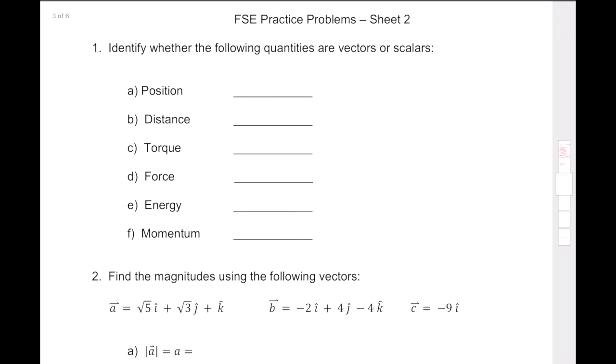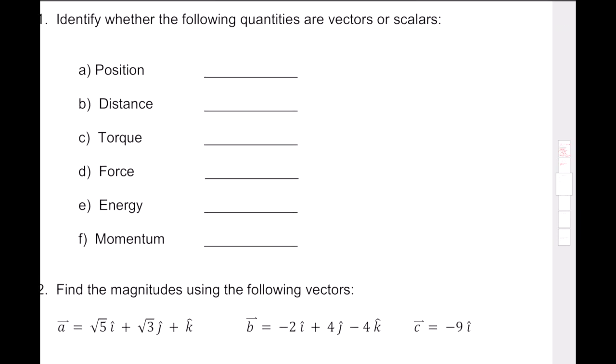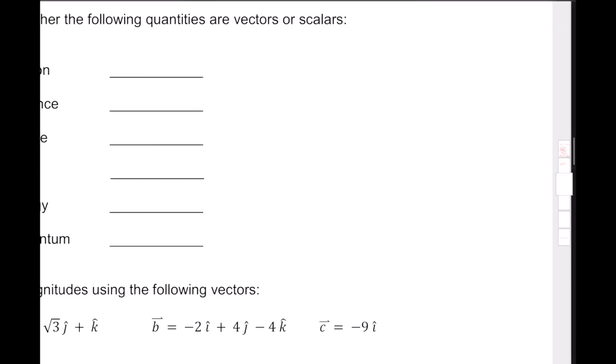Okay, vectors versus scalars. This is a reminder. So a vector is some magnitude of something plus a direction of something. It has both magnitude and direction. Scalars have only magnitude.